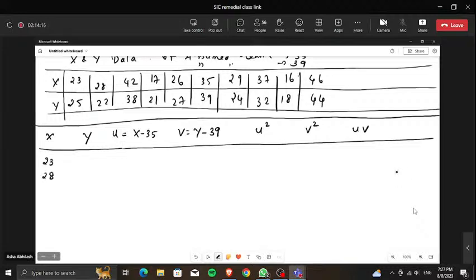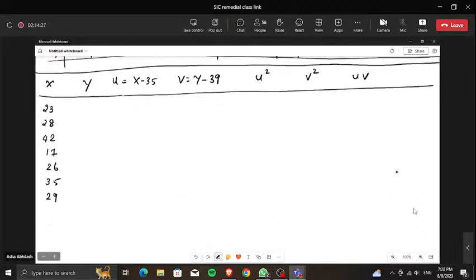The X values are 23, 28, 42, 17, 26, 35, 29, 37, 16, and 46.